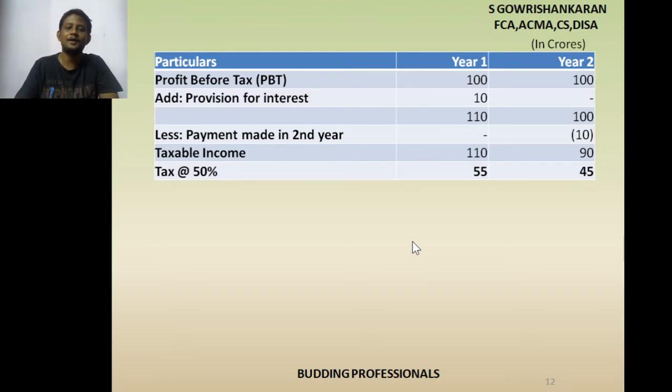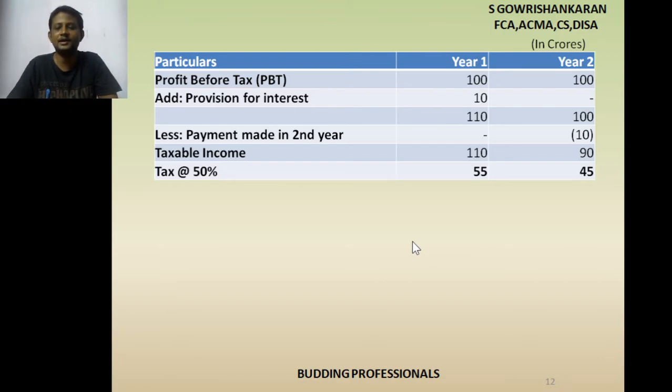So 100 plus 10 equals 110 is my taxable income, on which I am calculating my tax. Tax at 50%: 110 into 50% equals 55. That is my provision for taxation, which I presented there.